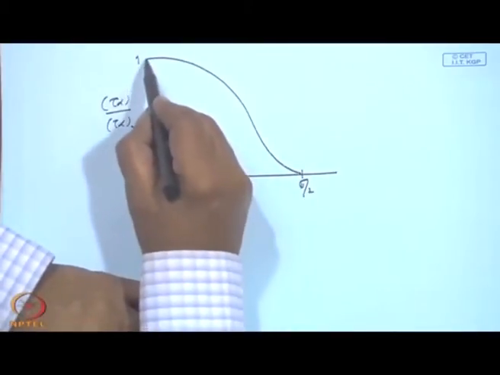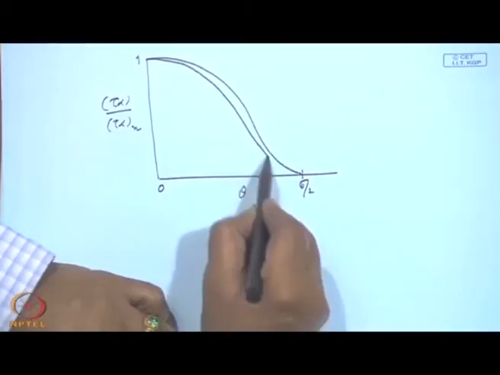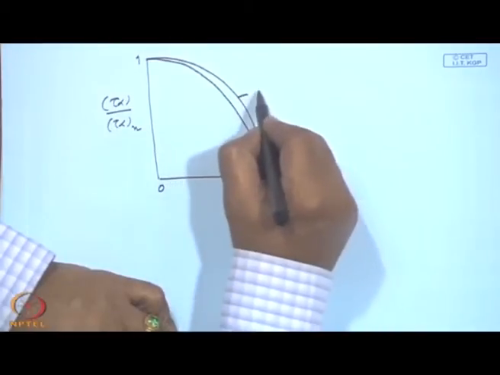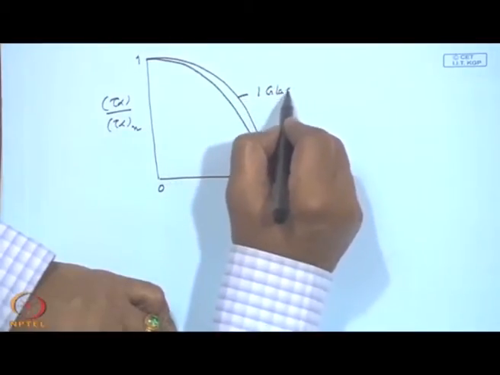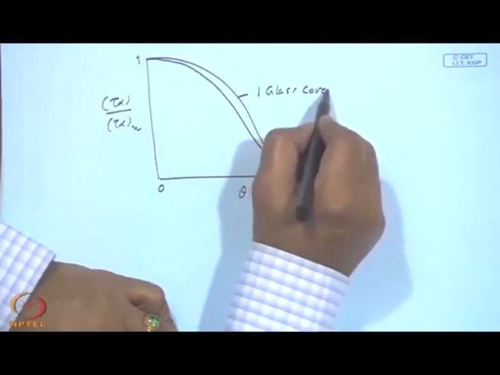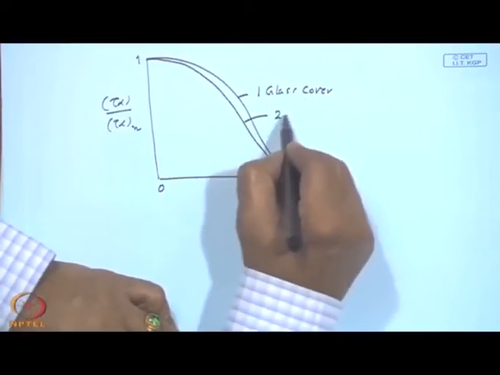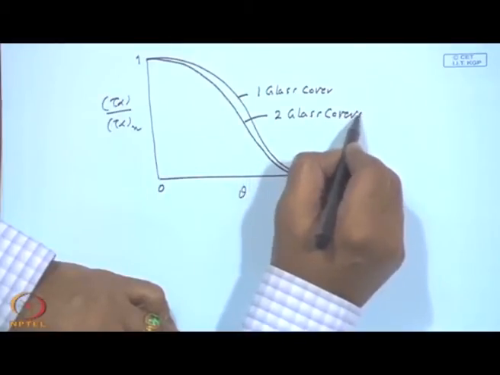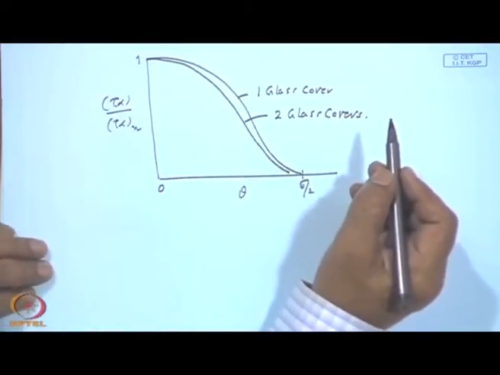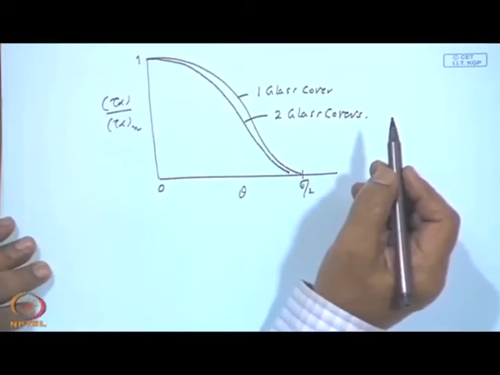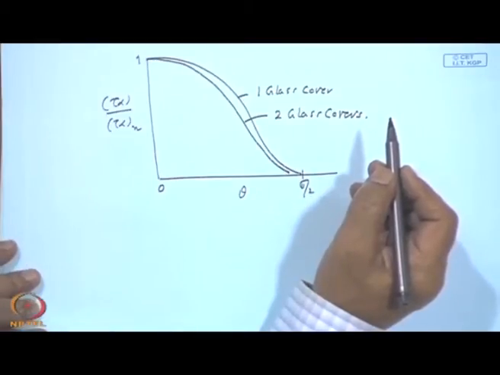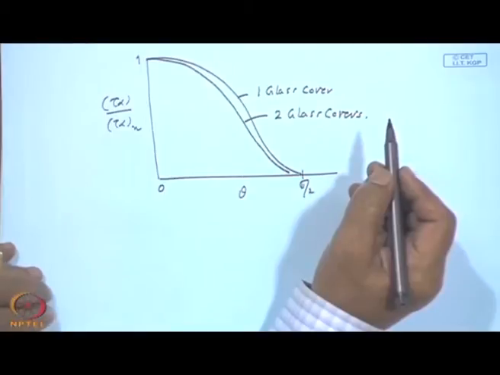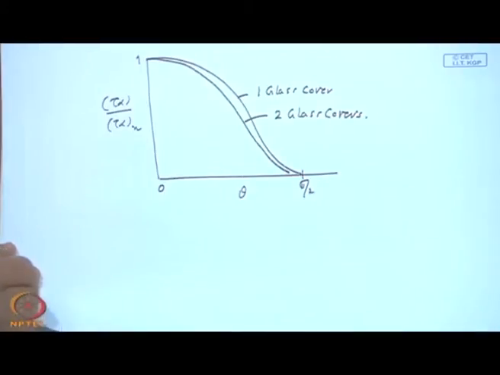This is one glass cover and this is two glass covers. You can expect that tau alpha by tau alpha normal will be a little less for the two glass cover system than it is for one glass cover.